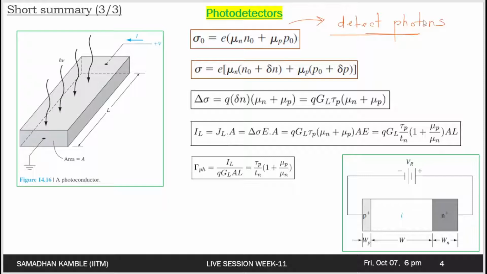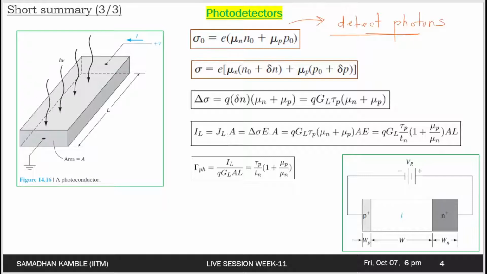If electrons and holes are generated within the space charge region of a PN junction, then they will be separated by the electric field and a current will be produced. So the PN junction is the basis of several photodetector devices, including the photodiode and the phototransistors.